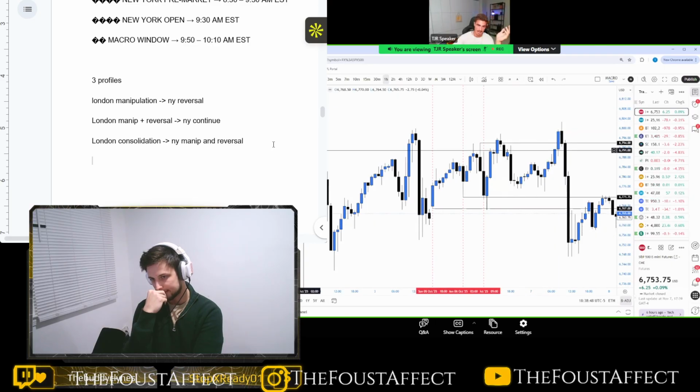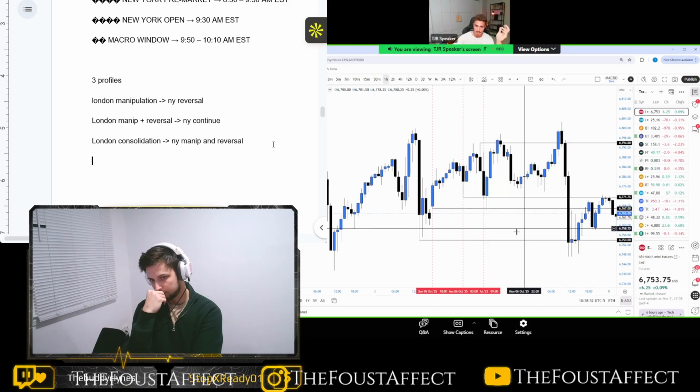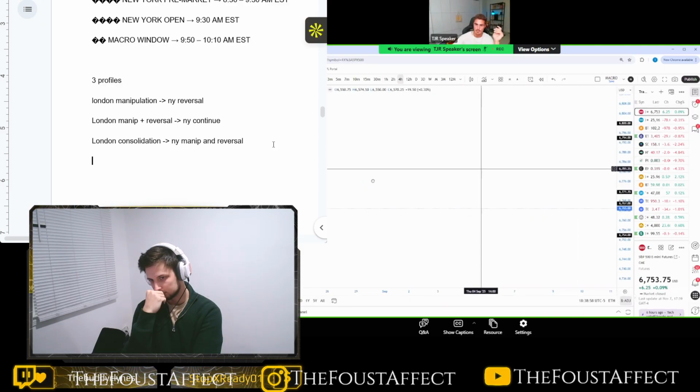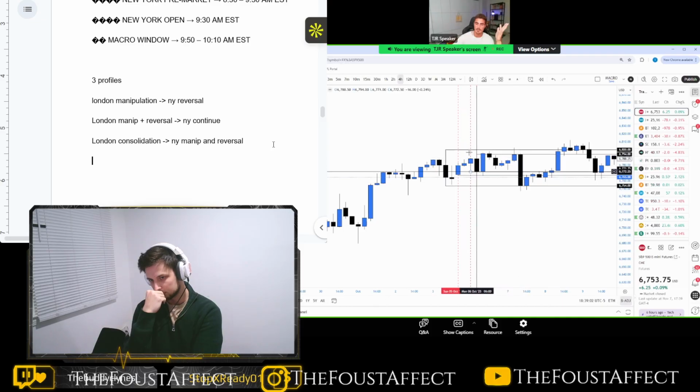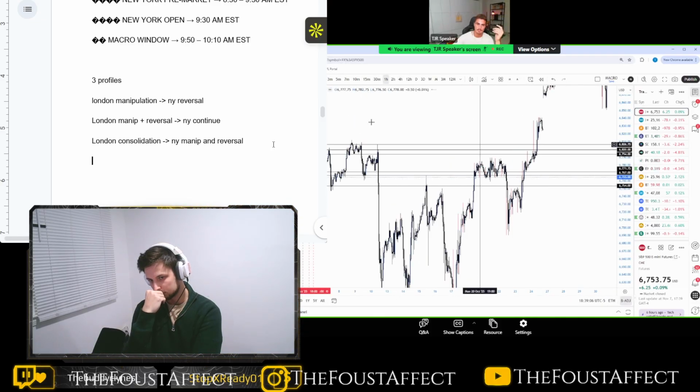So we have an hourly low right here, a move down, then a move up. Sure, we can mark this. We can also mark out this hourly high, and then we can do the same thing on the 4 hour as well. But for the most part, when you mark them out on the hourly, they've all been marked.